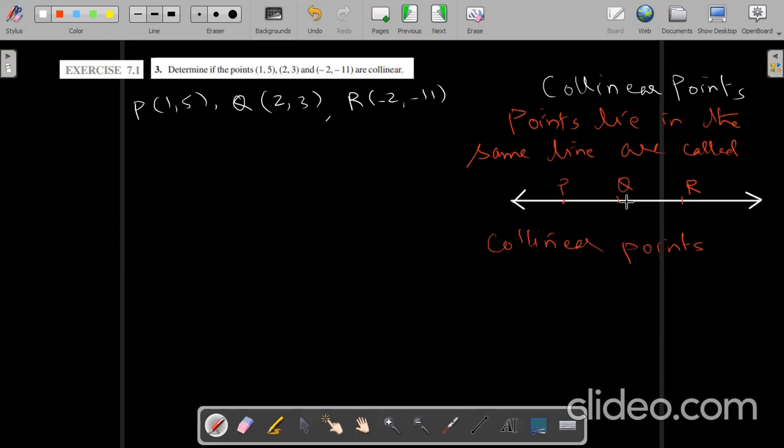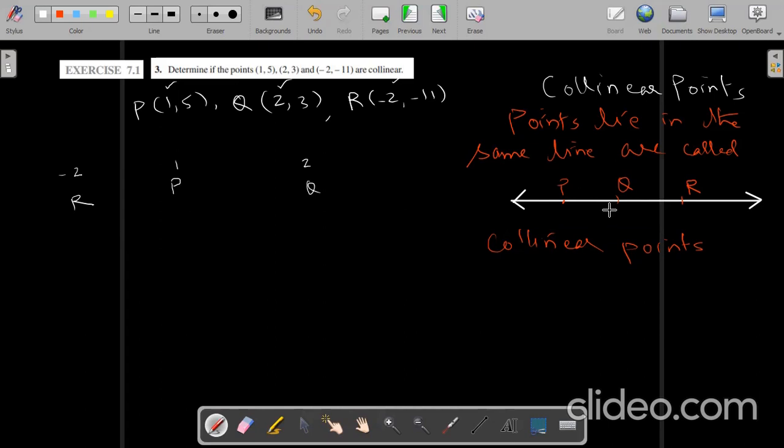If they are lying in the same line, then there are three possibilities. We don't know whether Q is between P and R, or R is between P and Q. Although we can find out from the x coordinates: the x coordinate is 1, greater than 1 is 2, and less than this is -2, so P should be in between Q and R. But it is not compulsory to find this out.